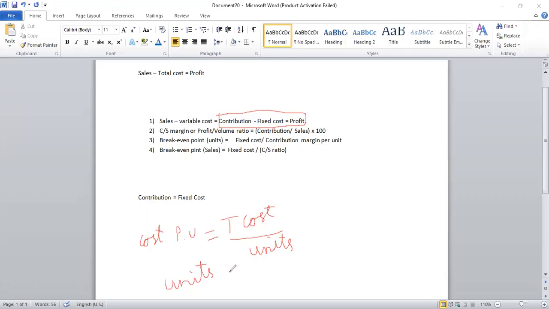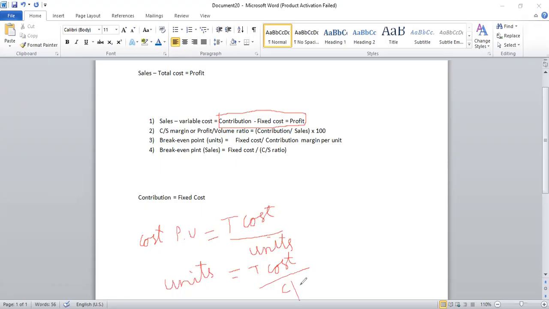The same logic we are applying here by equating contribution and the total cost. To find out the number of units, the equation is total cost divided by cost per unit.